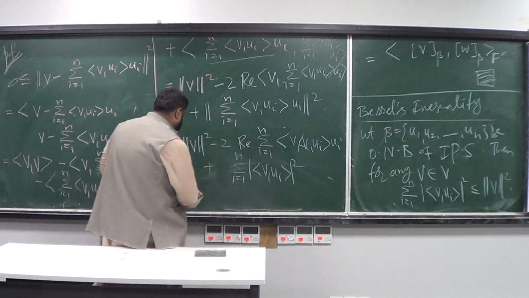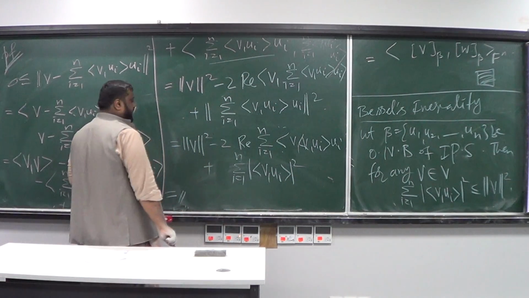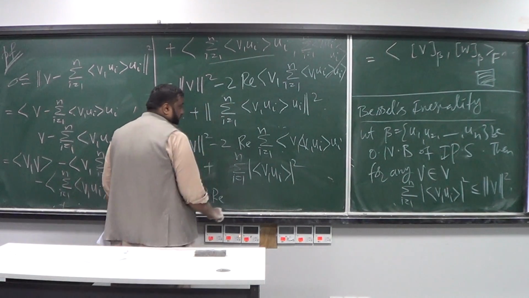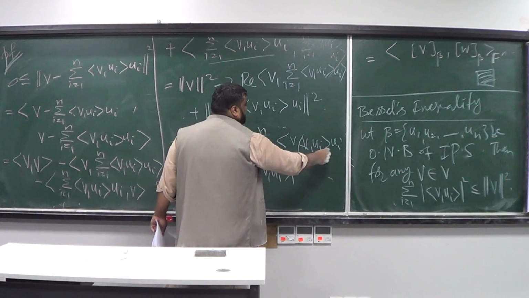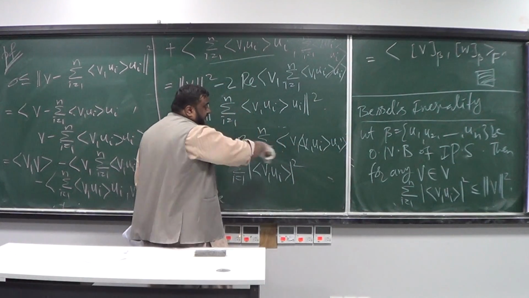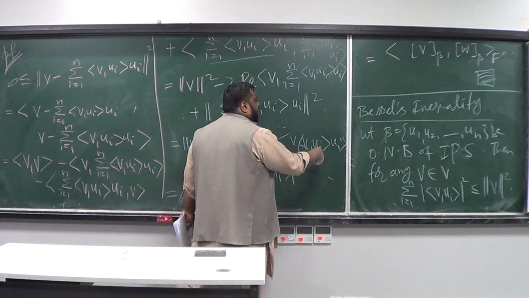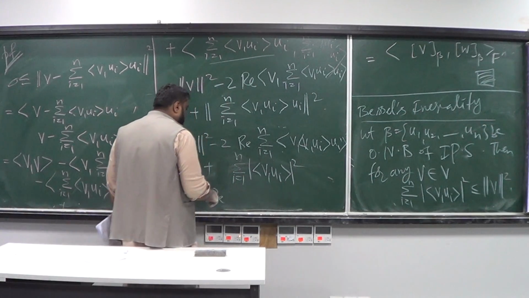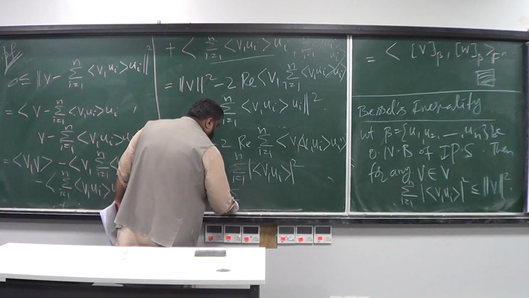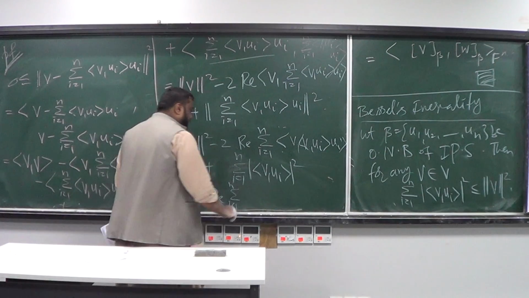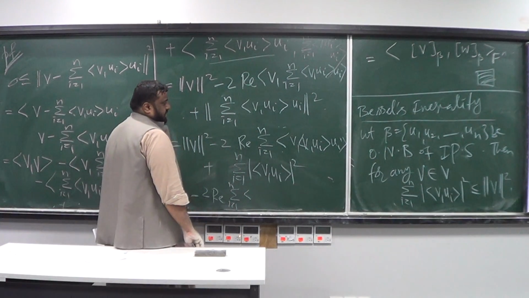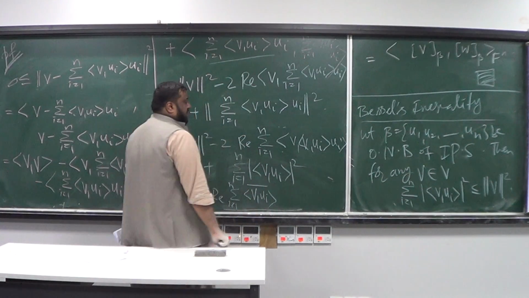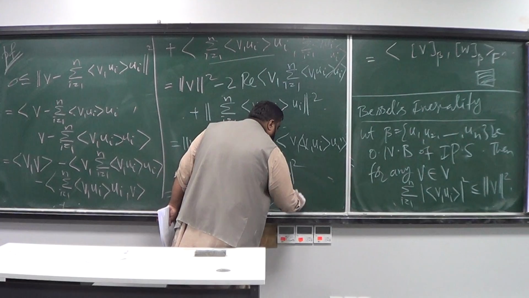Let's keep the first term as it is, minus 2 times the real part. If you pull this number out of the inner product and this number is in the second component of the inner product, when you pull it out, you have to put the conjugate. So you're going to get the real part of the sum from i equal to 1 to n of the conjugate of (v, ui) times (v, ui).